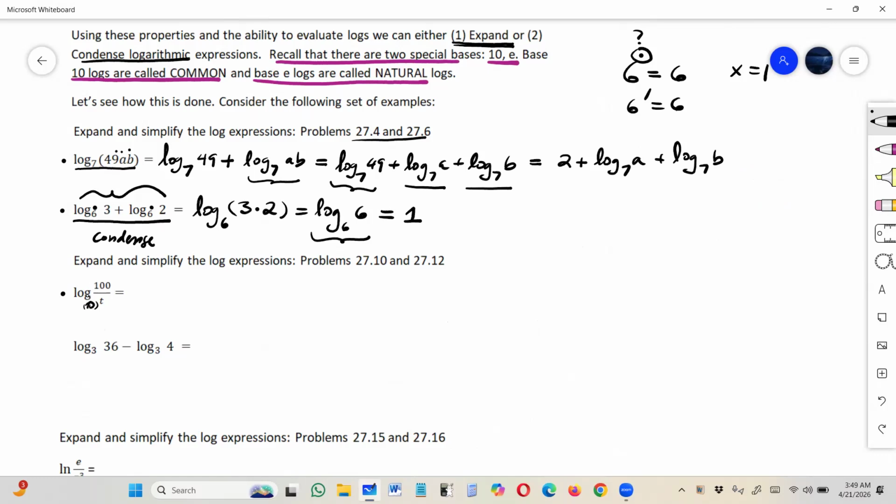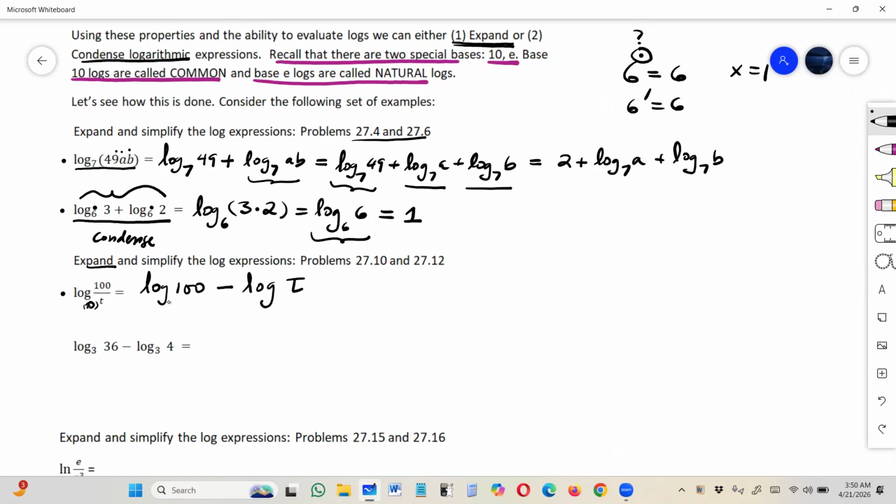So this is log base 10 of 100 over t. Applying the quotient property in reverse, this would be an expansion. I'm expanding the logs. This would be log base 10 of 100 minus log base 10 of t.